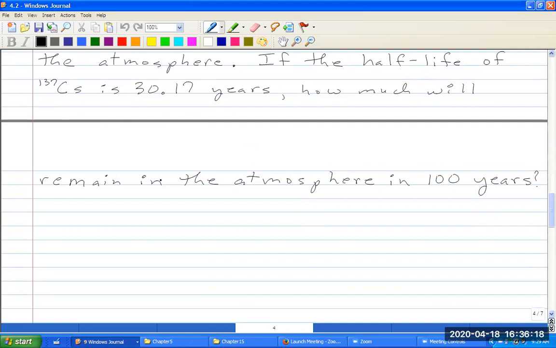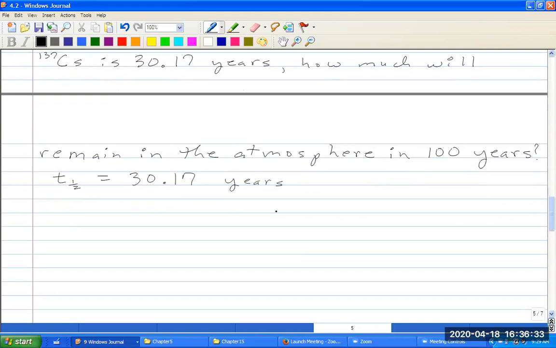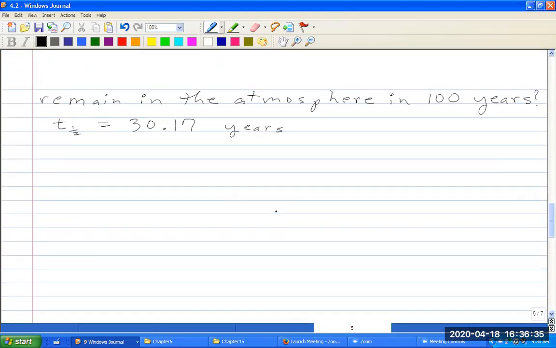Okay, so the half-life of cesium-137 is approximately 30.17 years. The initial amount released is 1,000 kilograms. We want to know what happens after 100 years.